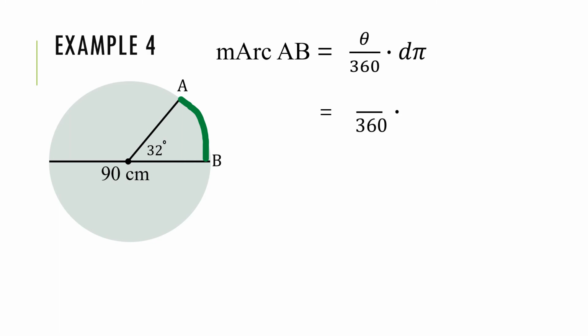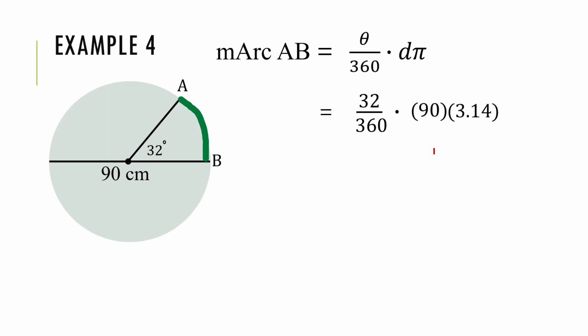Now in example 4, we're given that the diameter of this circle is 90 centimeters. And the measure of the central angle is 32 degrees. So replace theta with 32. And now we're going to take 32 over 360 and multiply it by 90 times 3.14.